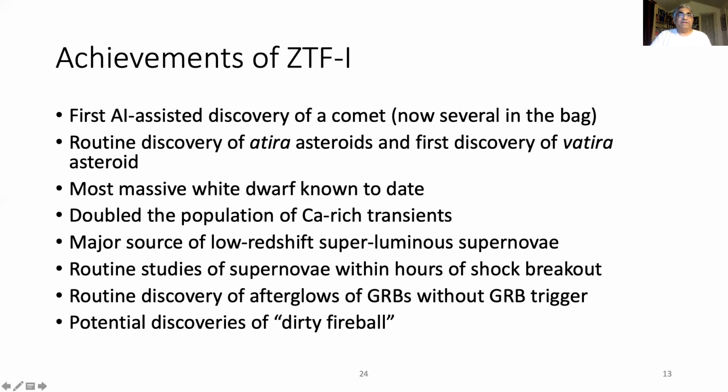ZTF is a major source of superluminous supernovae. It's now very routine. It used to be a big deal when we started in PTF. Nature papers here and there, but now it's like, oh yeah, another supernova. We do routine studies of supernovae within hours of shock breakout. What used to be heroic efforts of finding things that just exploded, we more or less can schedule.